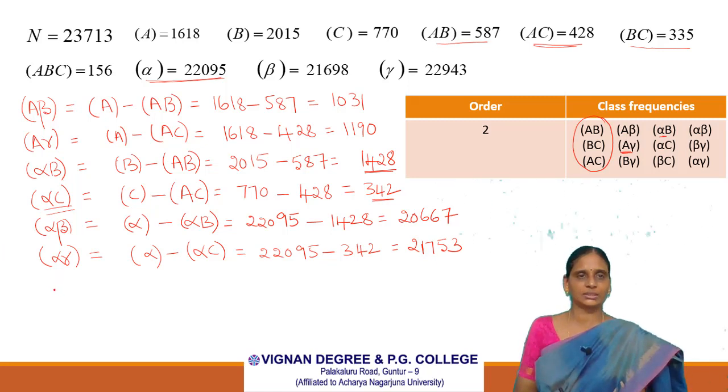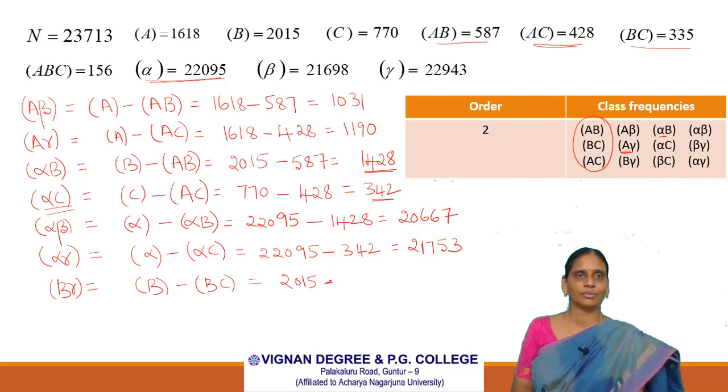And next one is frequency of Bγ. Frequency of Bγ is equal to frequency of B minus frequency of BC. Frequency of B value is 2015.